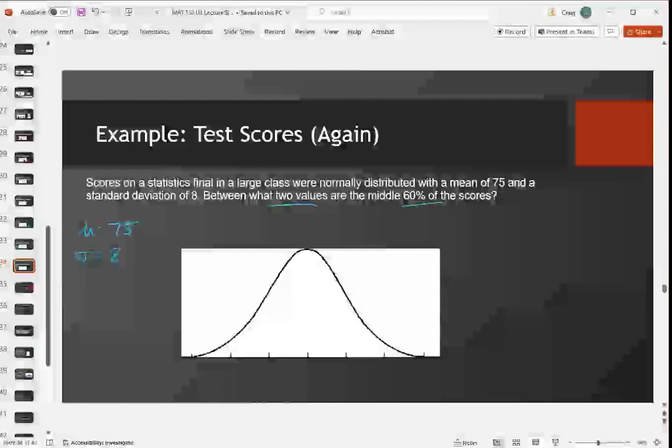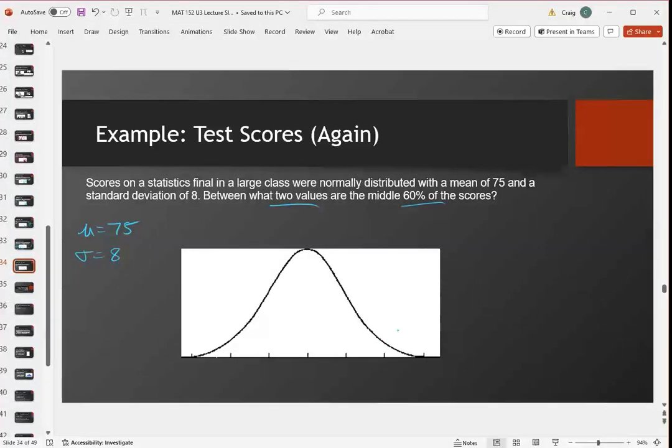Again, middle 60% means there's 40% split, so there's 20% above, or 0.20, 20% below. Because it's symmetrical, we only need the one command in Excel to find the z-score. I just wrote the command down. I don't know why I didn't insert the other thing, but I wanted you guys to see it.